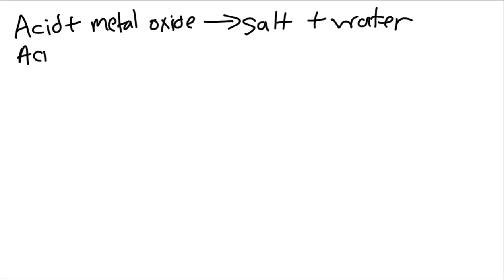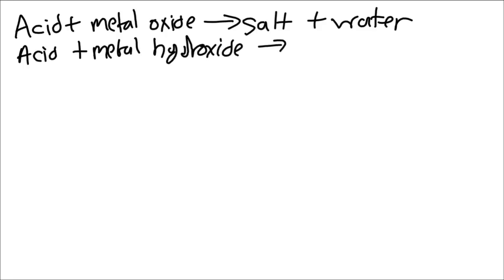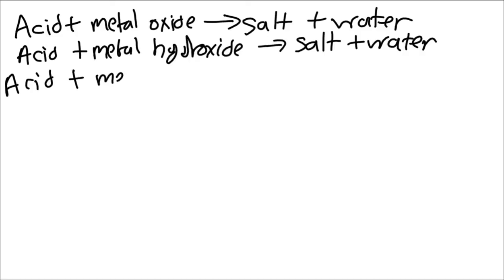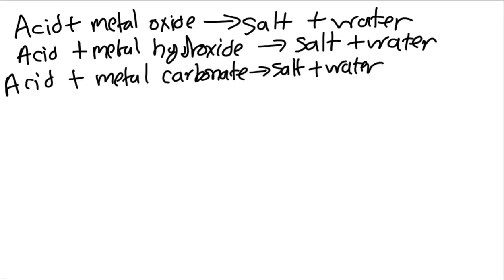An acid plus a metal hydroxide will also do the same. It will produce a salt plus water. And if you take an acid plus a metal carbonate, this, like I said, produces salt plus water, but also carbon dioxide.